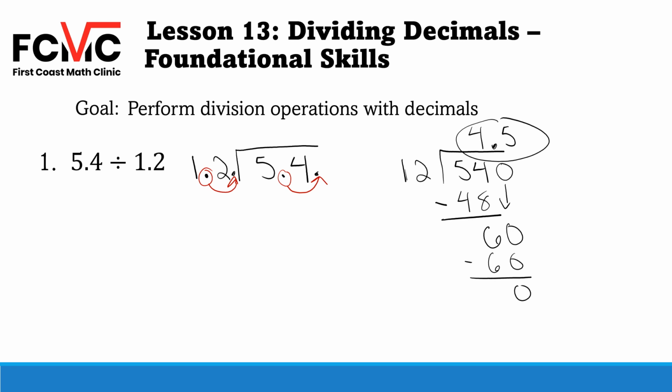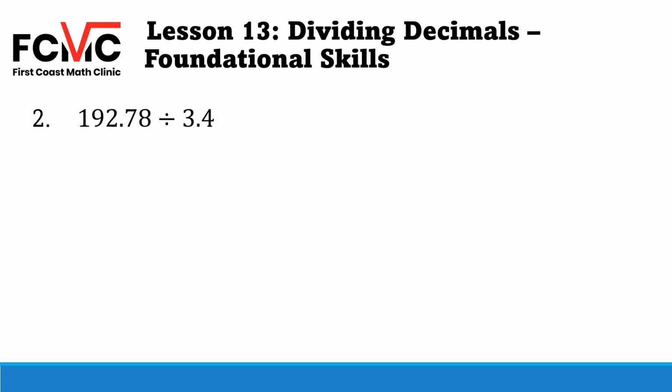So let's do a couple more examples, and in each of the examples we're going to move our decimal value to make our division a little bit easier to do. For number 2, we've got 192 78/100 divided by 3 4/10. So before we even set this up in our division sign, let's move that decimal and get the decimal in the correct position.